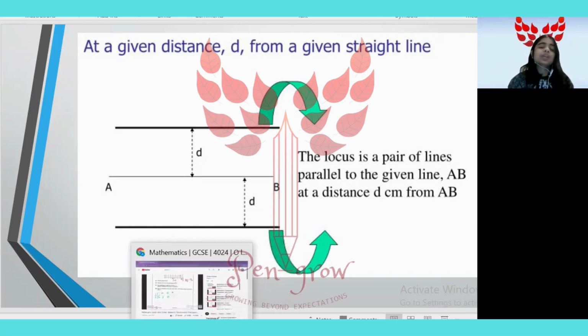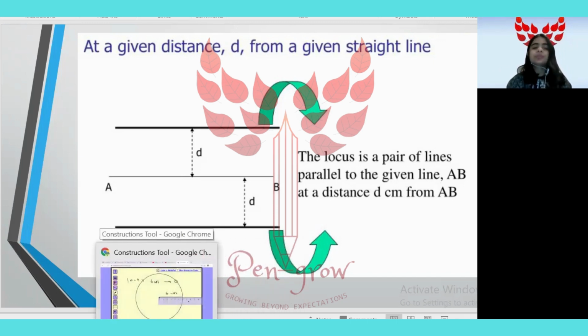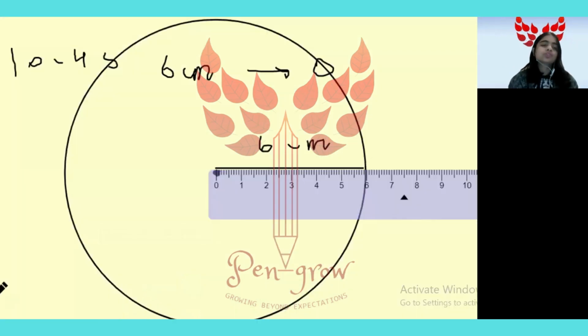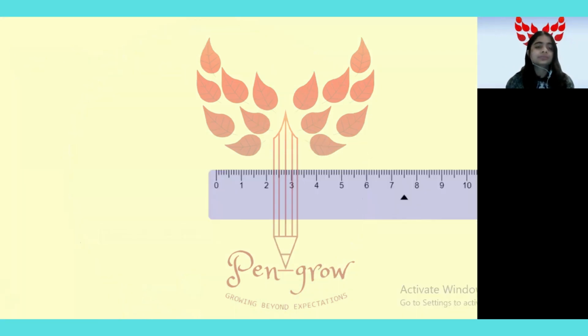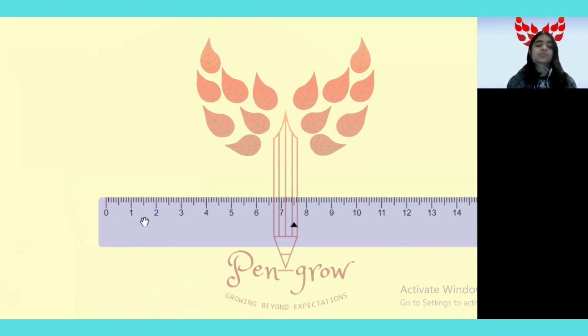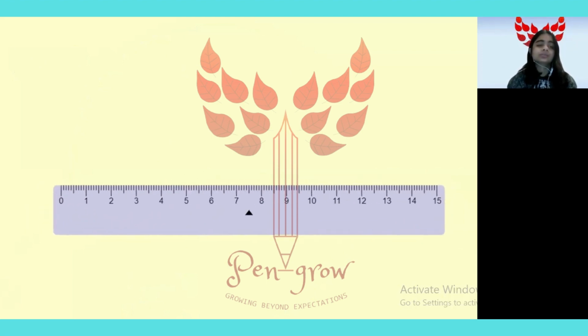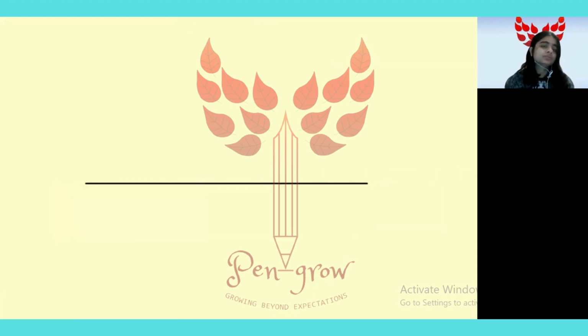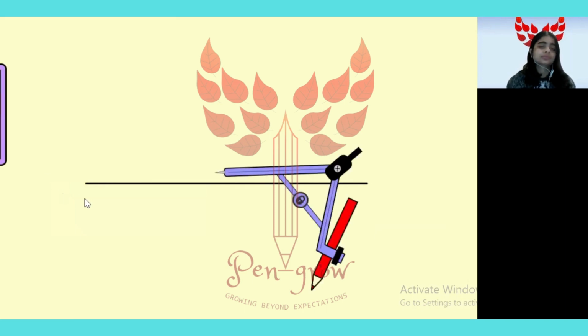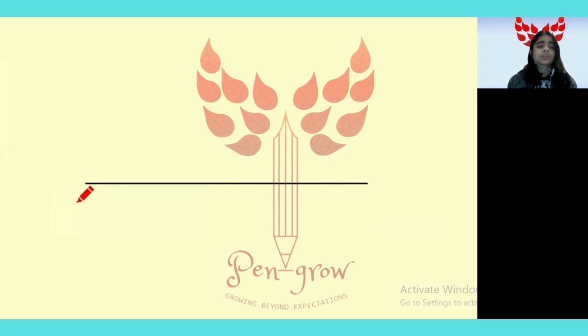And we will be looking at this in terms of how to make it. So let's look at that. All right. So let's say a line AB is given to us. A, B, right?